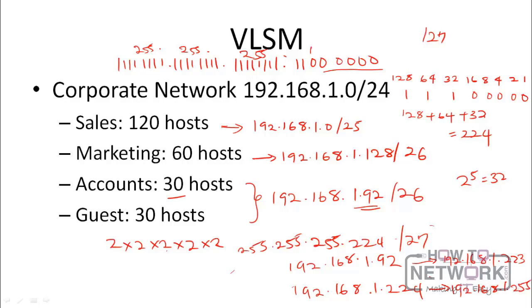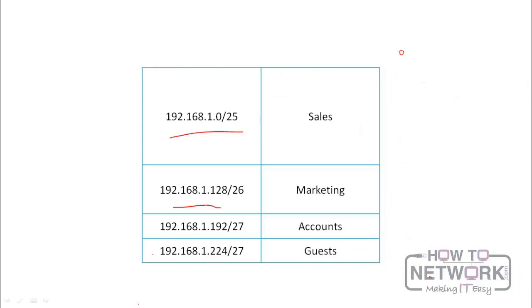So we have been able to subnet our corporate network into 4 different subnets with different host numbers. So they have different subnet masks. So our new addressing scheme would be like this, where we have 192.168.1.0/25 for sales, and it's going to start from 0 all the way to 127.